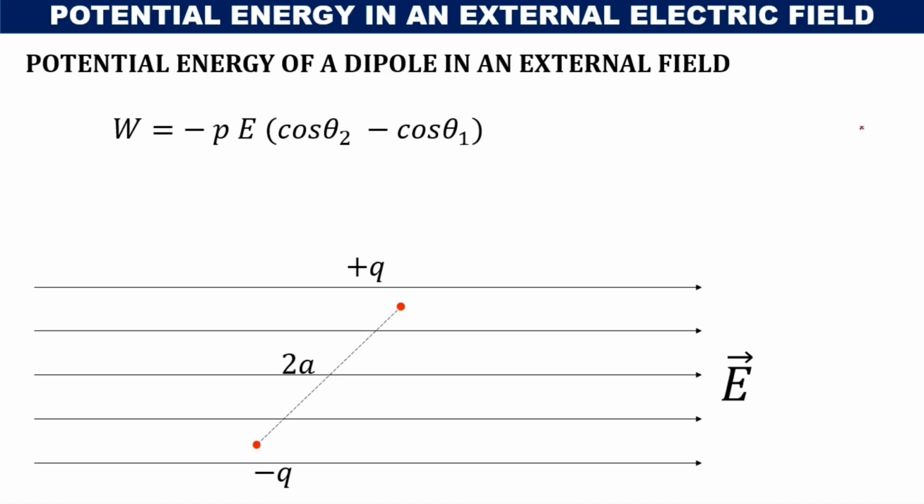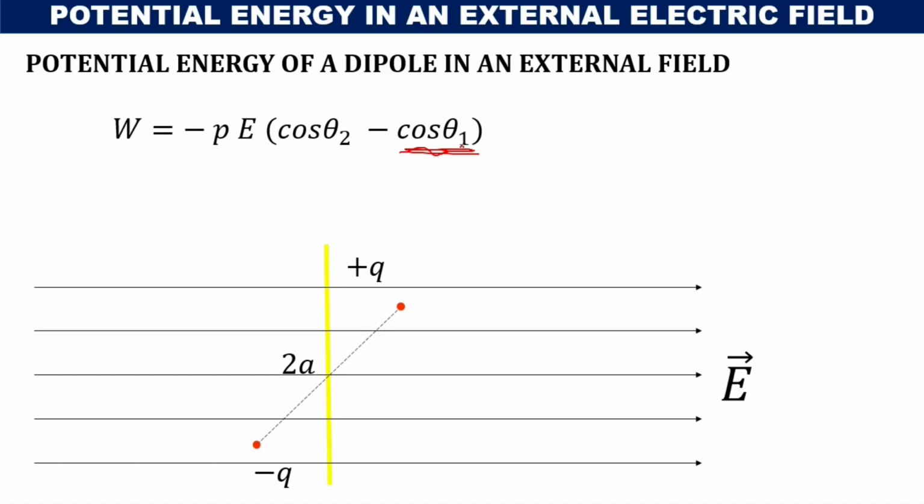Students, here it will be more convenient to consider a reference direction. That means when we fix theta 1 in a particular direction, it will be more useful. The initial angle theta 1 will depend on the choice of the observer. The best choice is theta 1 is equal to pi/2. Why? Let us observe.